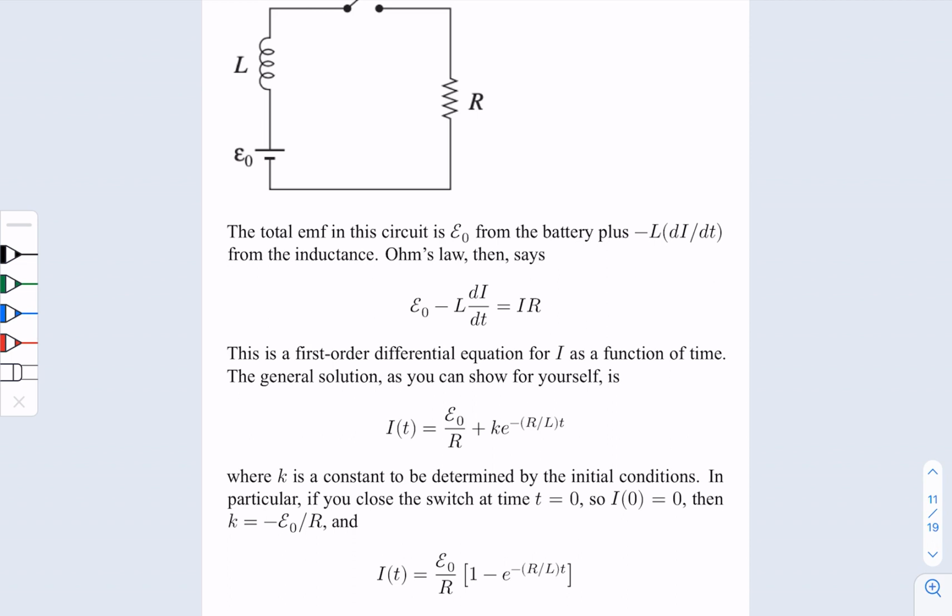You can solve this equation by taking R to 0. If this term is 0, then you get a differential equation that dI/dt equals the EMF divided by L. So this means that I will increase linearly as a function of time.